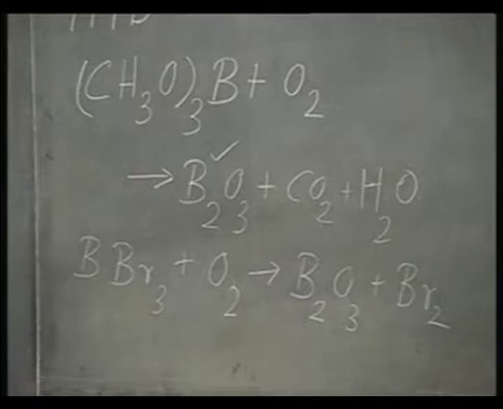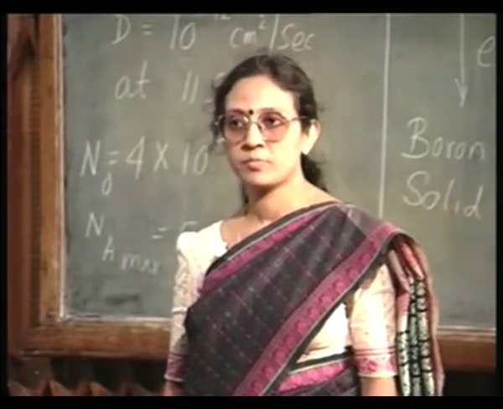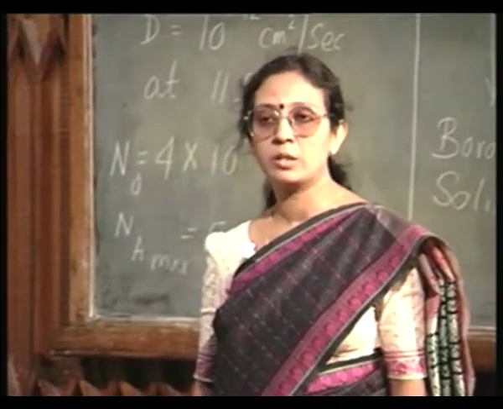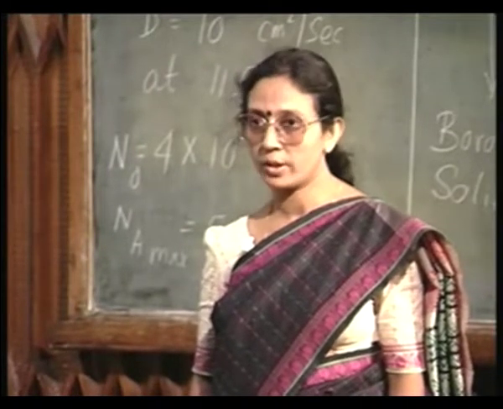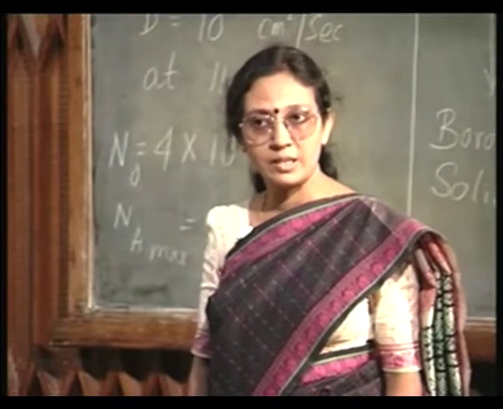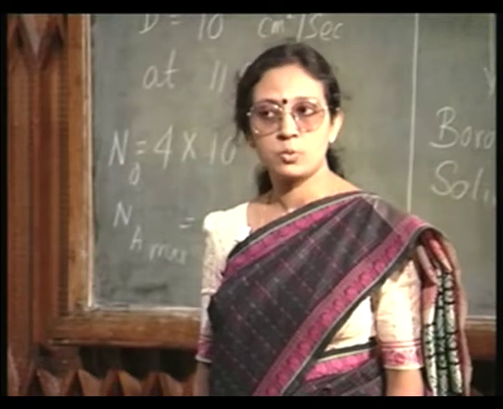Now, whenever you are releasing any halogen, you must have adequate venting. Bromine, chlorine, all these things must be vented properly. You cannot just let it loose in the atmosphere. Adequate venting, exhaust should be provided. That is one disadvantage.